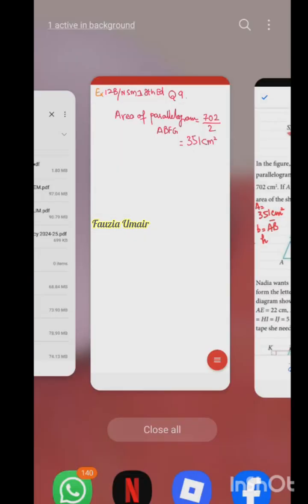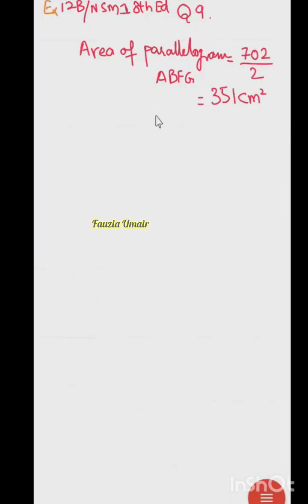That 351 centimeter square is basically how we are getting 351, because the parallelogram's area is B multiplied by H. So B multiplied by H is 351. Now B is AB, the base of the parallelogram, and H is H. We are calling it H in all the parallelograms. So 351. So this is your first equation.